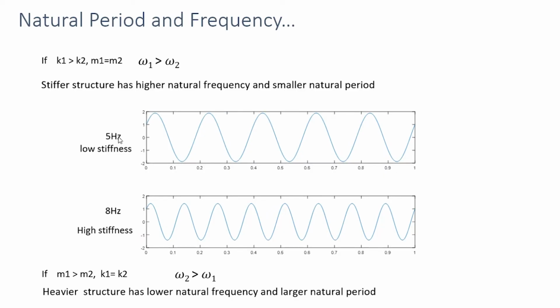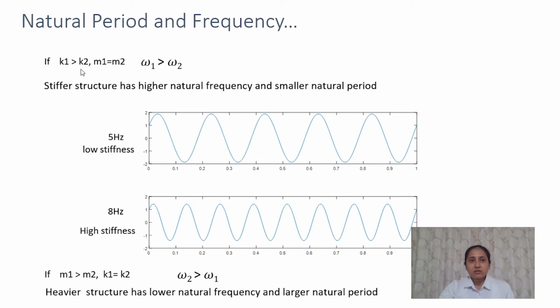Now if we have two structures, then the stiffer structure will have a higher natural frequency. Suppose we have two systems whose masses are equal, but one has higher stiffness compared to the other. Then the structure with lesser stiffness will have lesser frequency, and the structure with high stiffness will have high natural frequency.